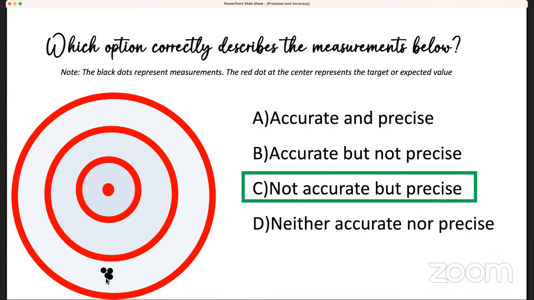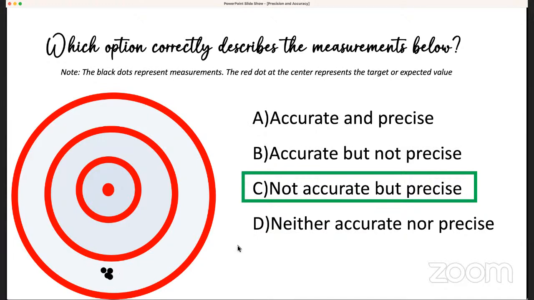If you can see, the 4 measurements are almost on the same spot. However, the distance from the target to where the measurements land is quite significant. So you would say this measurement is not accurate, but it's precise because the dots are almost on top of each other.